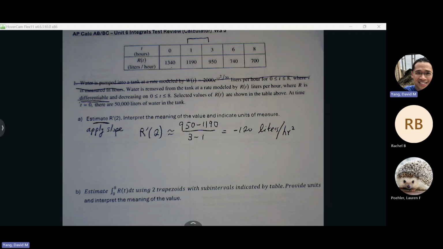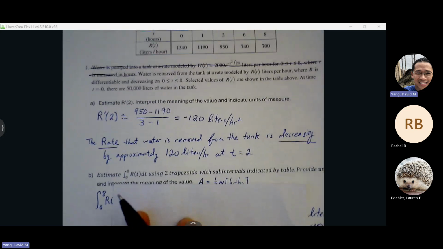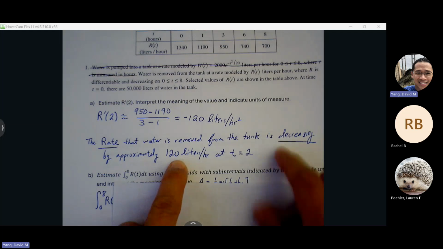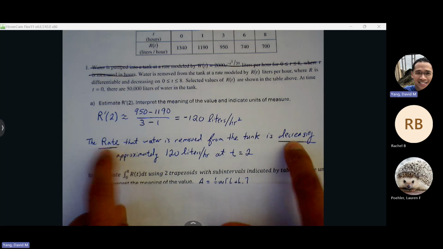We don't want to say rate of a rate, and we also don't want to use the word acceleration. It doesn't fit the context of this problem. So the rate that water is removed from the tank is decreasing by approximately 120 liters per hour at t equals 2. Look for these words there to earn full credit.